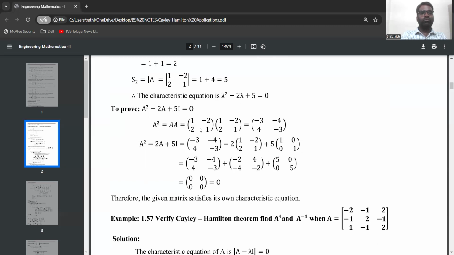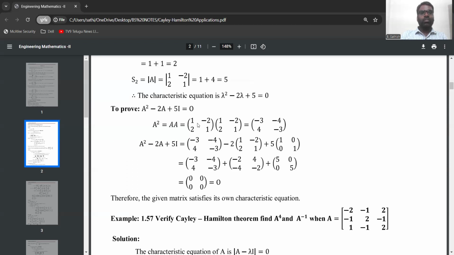First we write the matrix A two times: 1, minus 2, 2, 1, and 1, minus 2, 2, 1. Here, remember, multiplication is nothing but multiplying each and every element with whatever value we are multiplying.